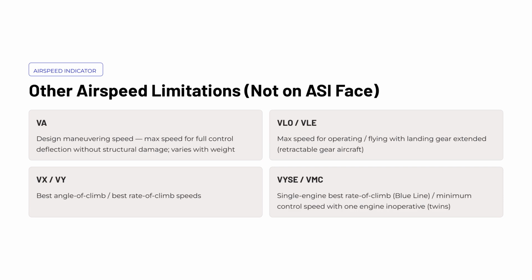These are essential for obstacle clearance and efficient climb performance. Finally, for multi-engine pilots, VYSE is the single-engine best rate of climb speed, marked as the blue line on the airspeed indicator, and VMC is the minimum control speed with one engine inoperative. These speeds are critical for safely managing an engine-out emergency in a twin-engine aircraft.